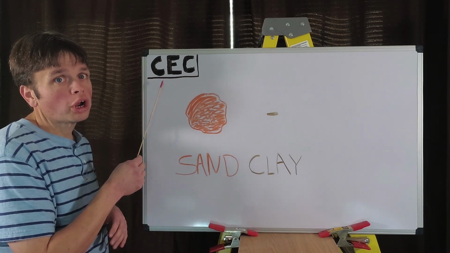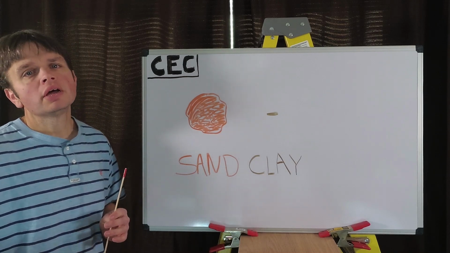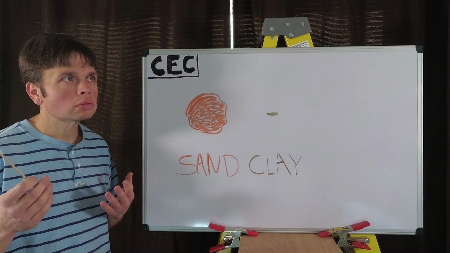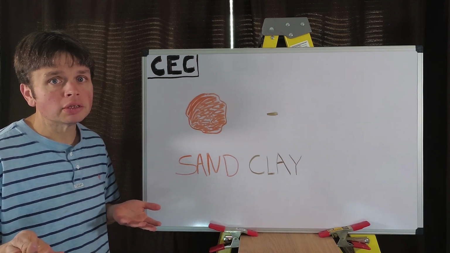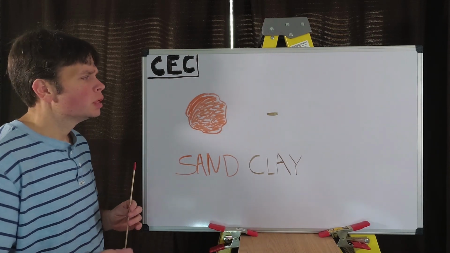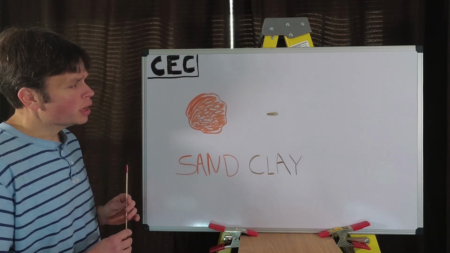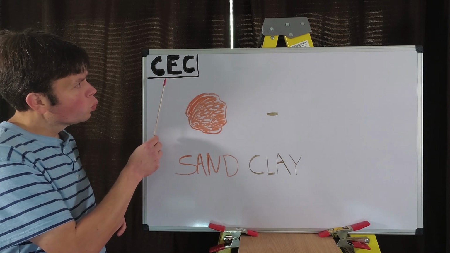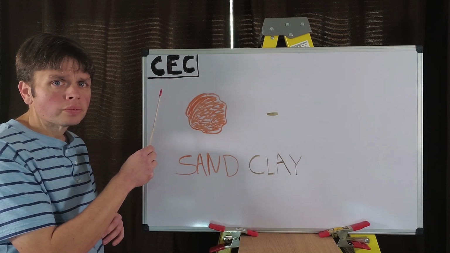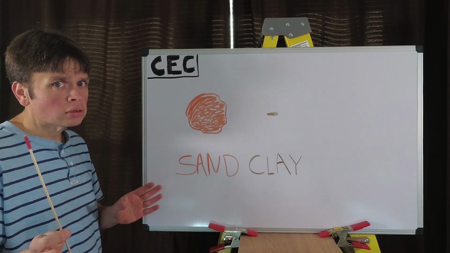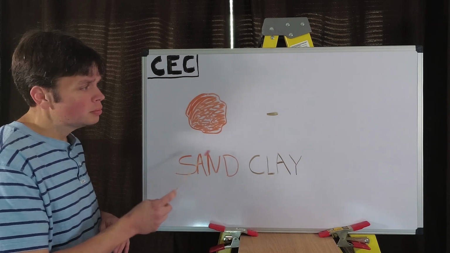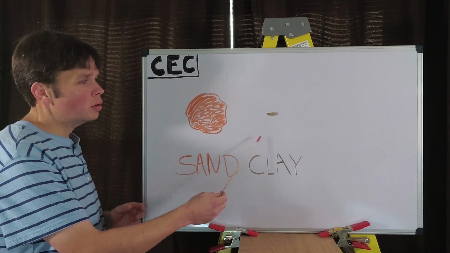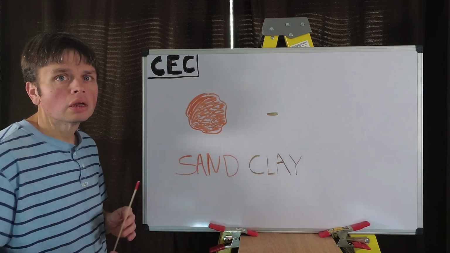know what it is. And now I would like to share what I learned and my understanding of what it is to you guys. And one thing I learned is that coming up with what your CEC is boils down to sand and clay, and how much sand to clay or clay to sand you have.